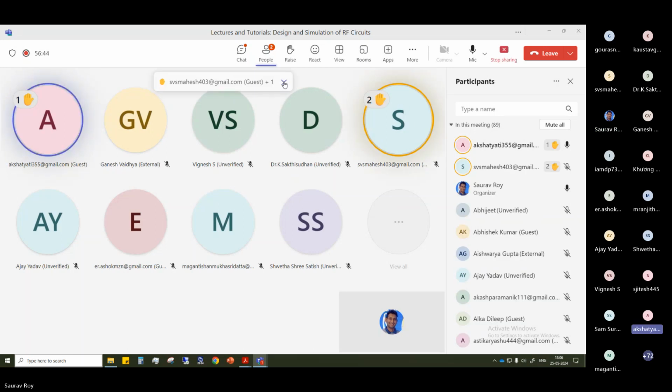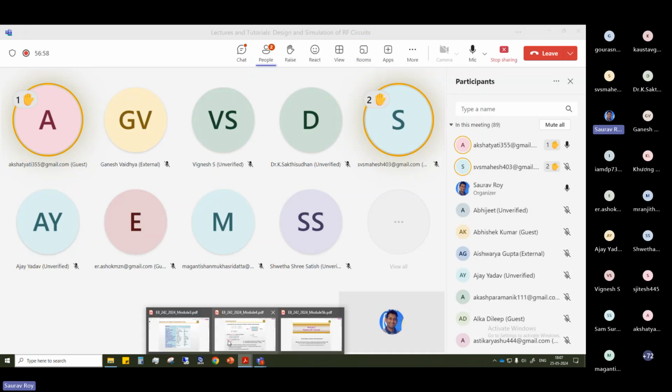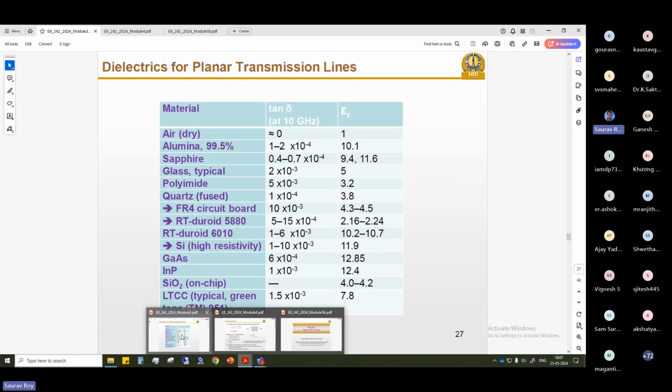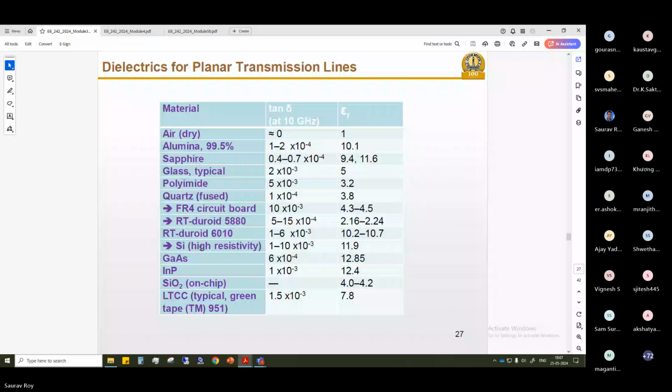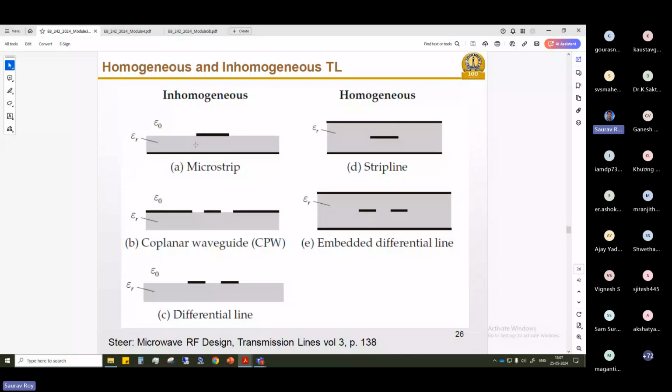Sir, do we calculate epsilon effective only for microstrip line or for something other? Yeah, you can calculate it for other structures wherever there is inhomogeneity, like coplanar waveguide. See, whenever there is inhomogeneity, you need to calculate it because there is a boundary between two mediums. Here you see microstrip, CPW as well as differential line.